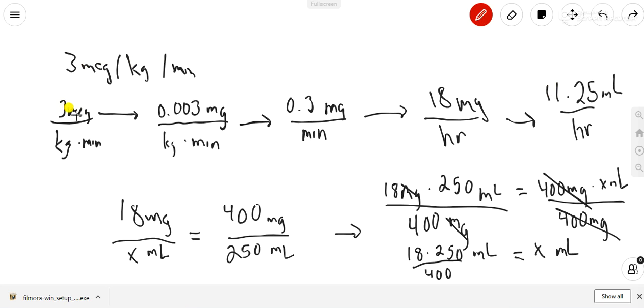We went from 3 micrograms per kilogram minute to 0.003 milligrams per kilogram minute to 0.3 milligrams per minute to 18 milligrams per hour to 11.25 milliliters per hour. And that's how you work question number 1 with ratio and proportion.